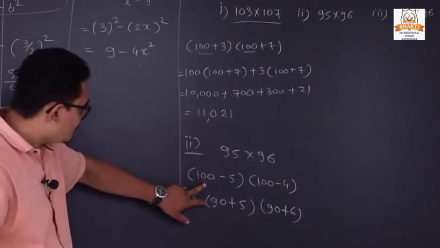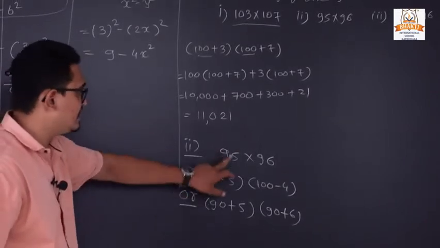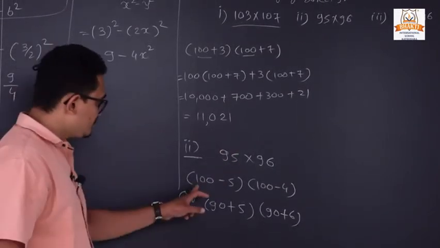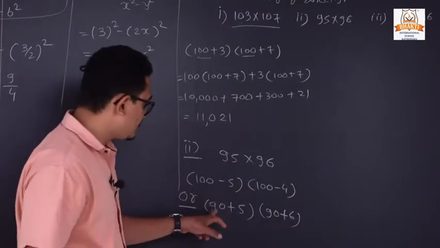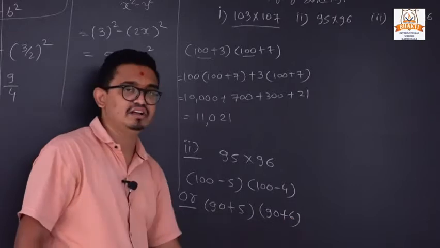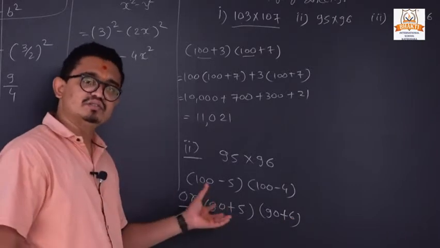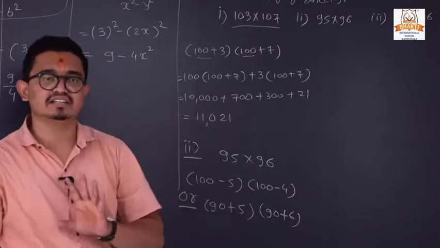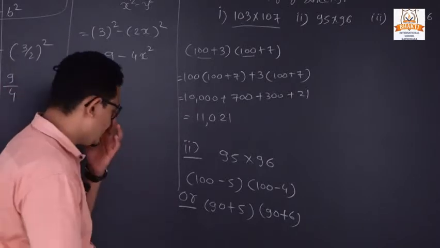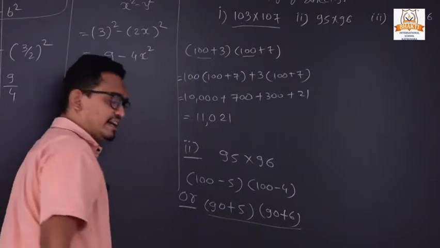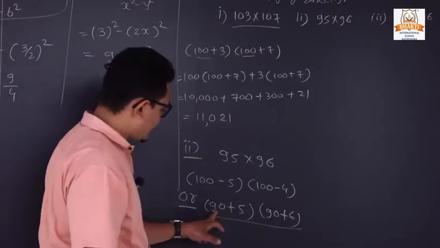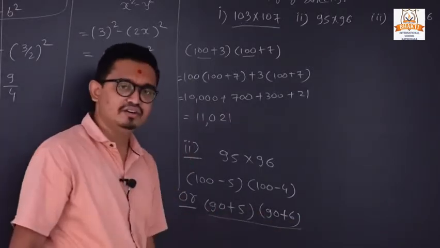Either one we can use to simplify the sum. In both situations the result will remain the same. So we are using the second. Simply expand the bracket, identity number 4. See, x is the same but the values of a and b are different.